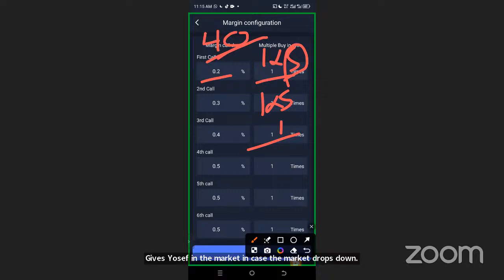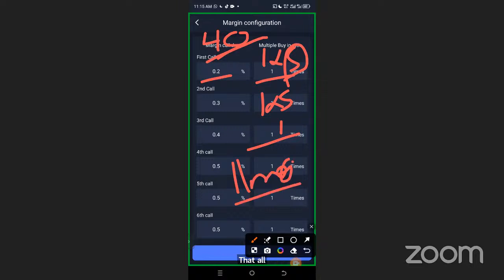That's why we are trading with the margin calls. I repeat, it doesn't mean that all of the 11 margin calls you have opened up, the robot will buy them. No. It may or it may not buy them, depending on the movement of the market of the coin that you are trading. Are you getting the point?